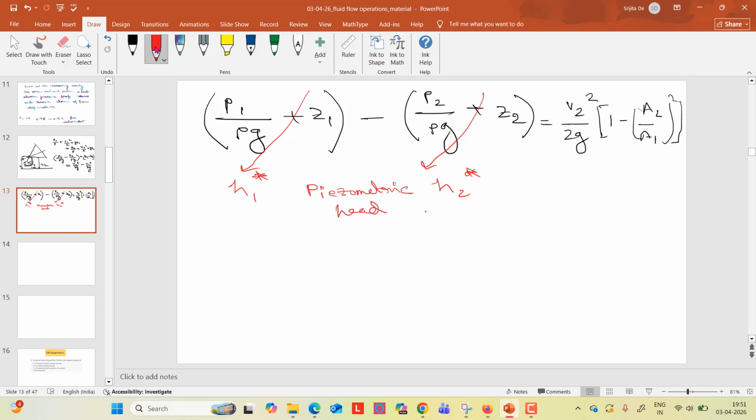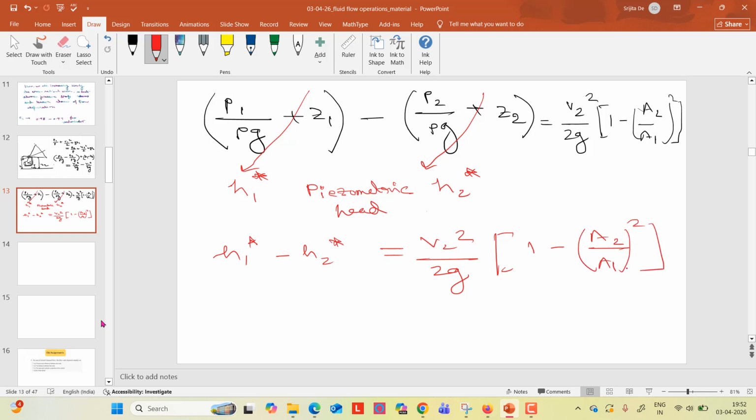So it will be H1 star minus H2 star equals V2 square by 2G into 1 minus A2 by A1 whole square, right?